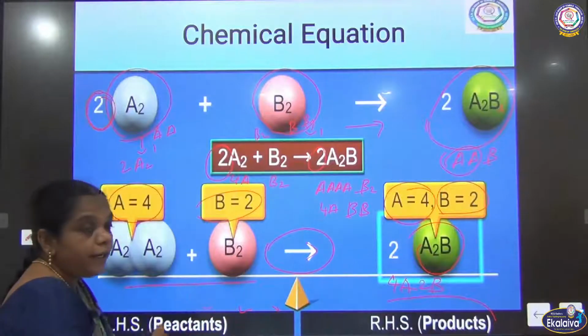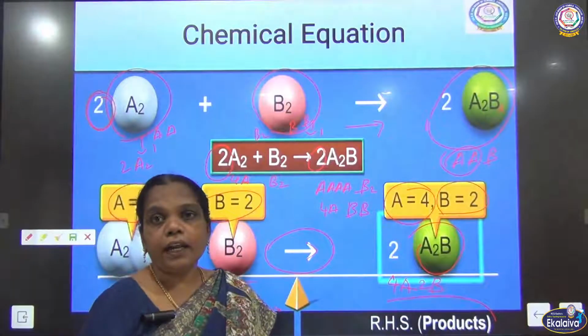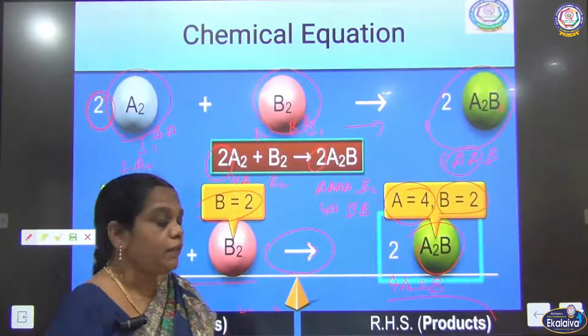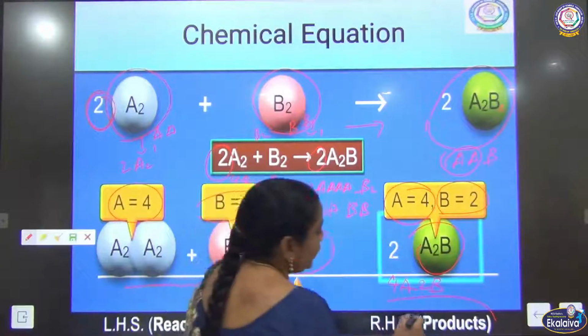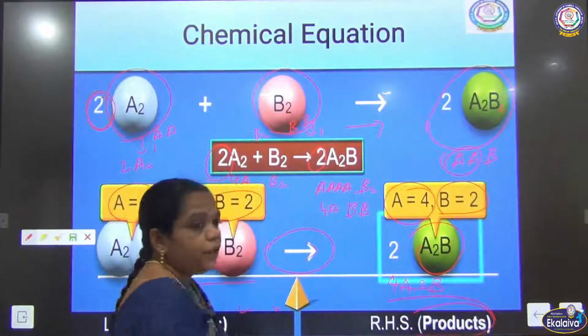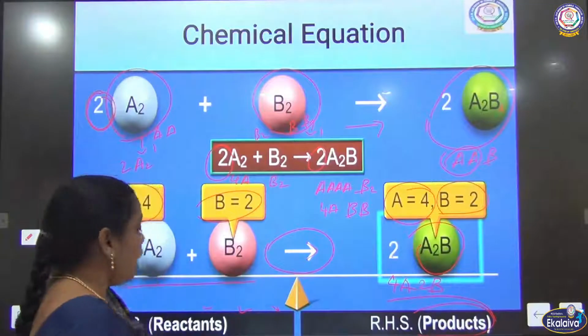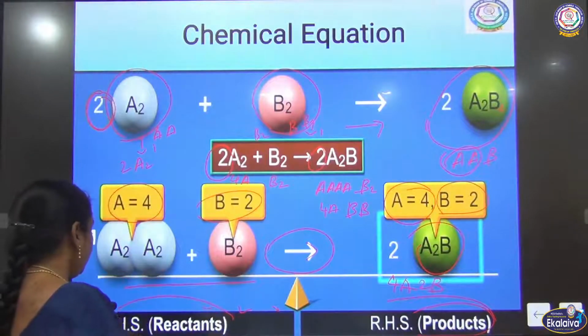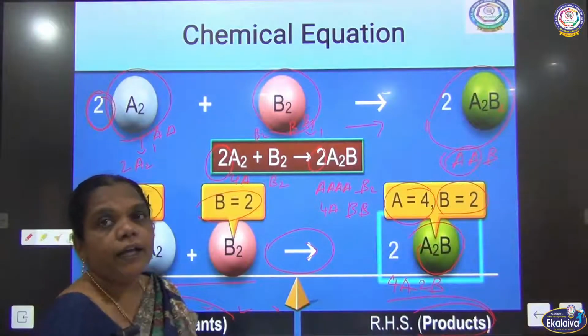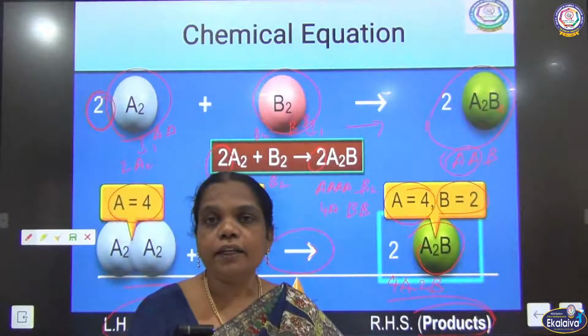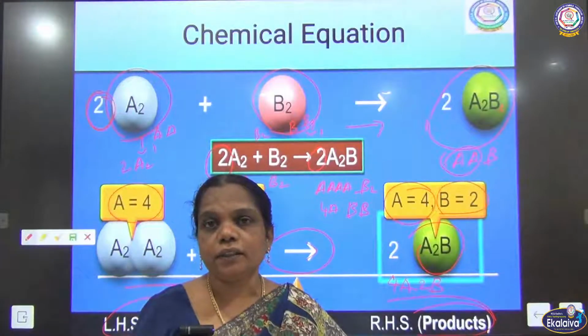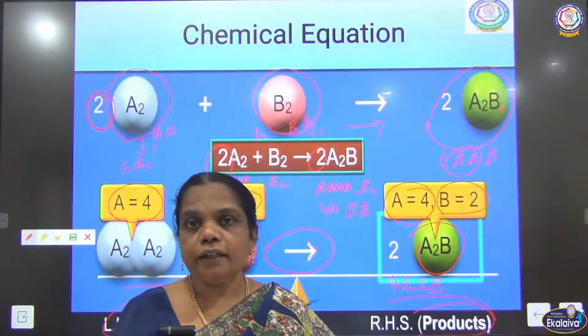The right side of the chemical equation is called the product, and the left side of the chemical equation is called what? Reactant. So the chemical equation can be represented by the reactant and the product.